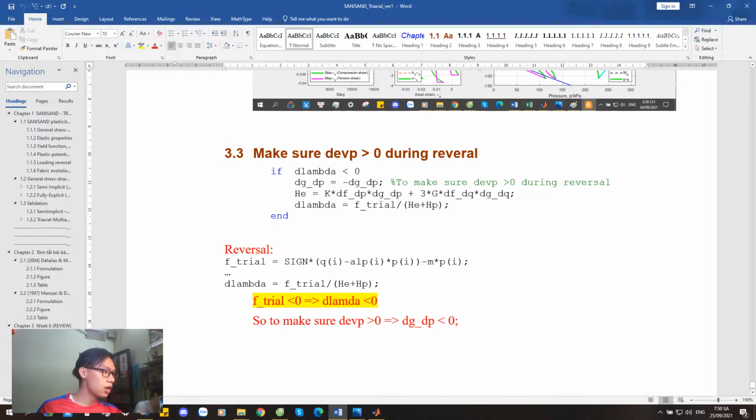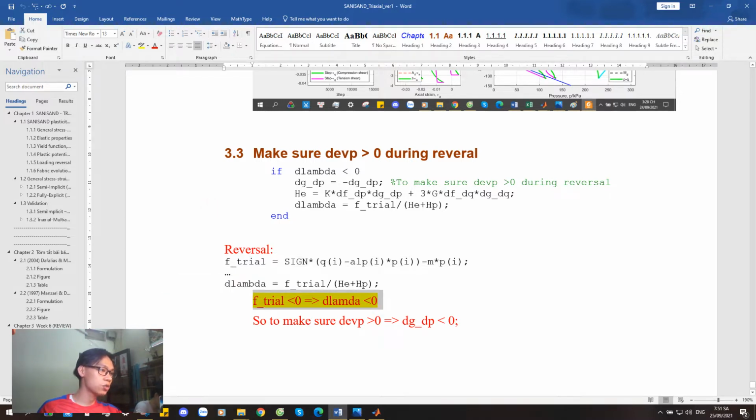You can see that when we have the reversal in the yield function formulation, the sign changes, and q minus alpha p becomes lower than zero. So if f trial is negative, this makes dλ negative.